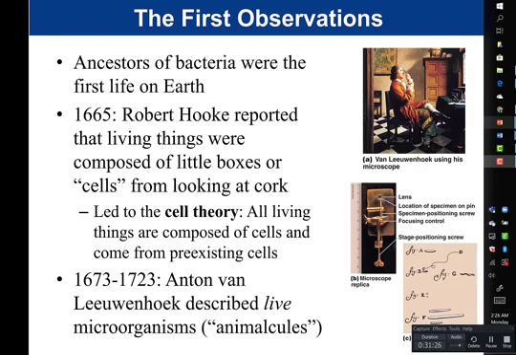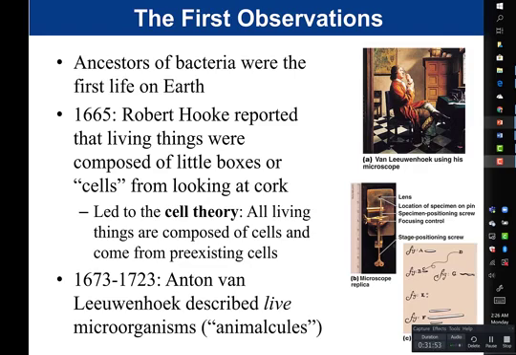And so what he saw was these little rods, little spheres, a great diversity of different types of cells in these specimens that he found. And so he was the first to see living microorganisms. Hooke was the one to see cells first, but his specimens weren't necessarily living.